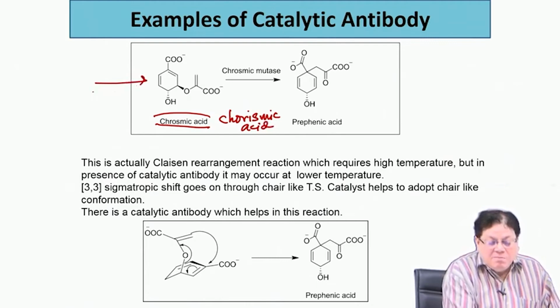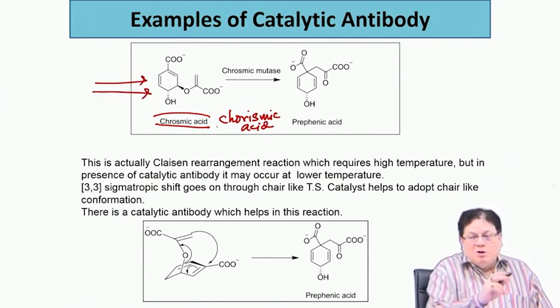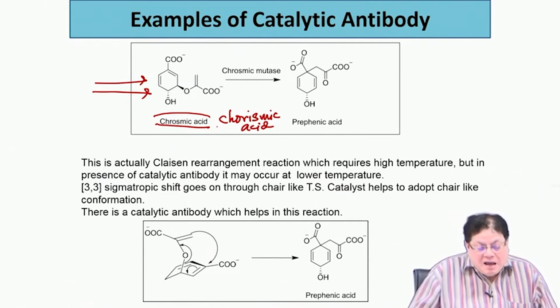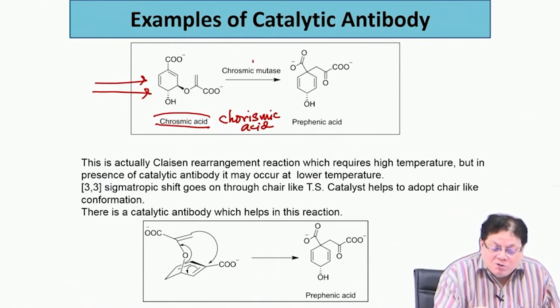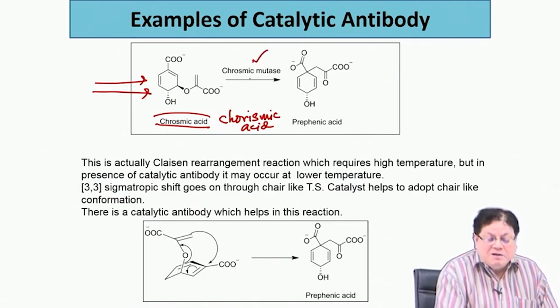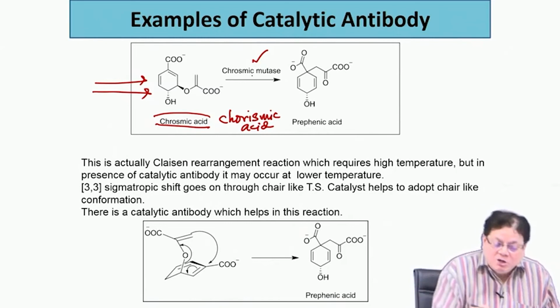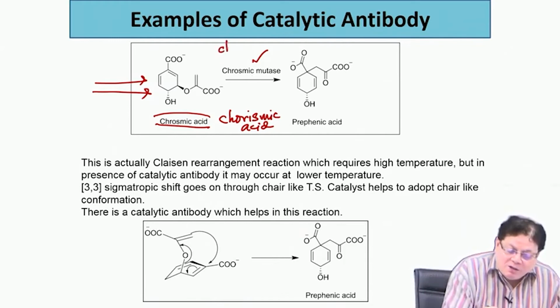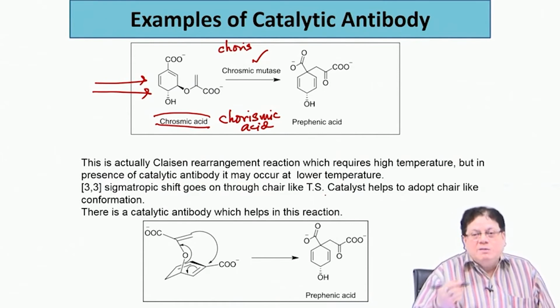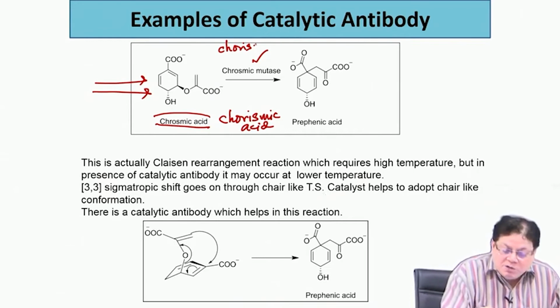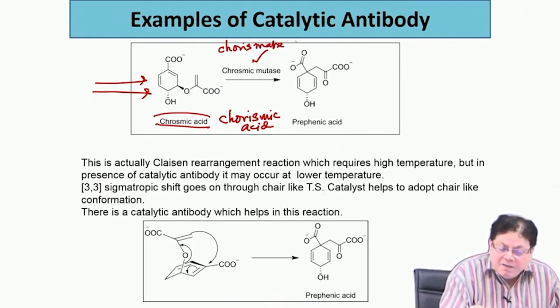So, via some biosynthetic pathway, this molecule is generated, and this chorismic acid by an enzyme called chorismate mutase. It is said chorismic mutase, but actually chorismate, because remember, all these acids are actually present in the carboxylate form. That is why we always have glutamate, aspartate. So, this will be chorismate mutase.